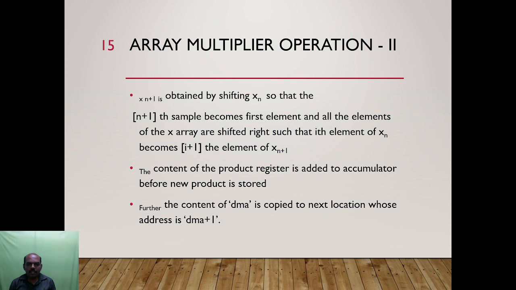The content of the product register is added to the accumulator before the new product is stored. Further, the content of direct memory address is copied to the next location whose address is direct memory address plus i.